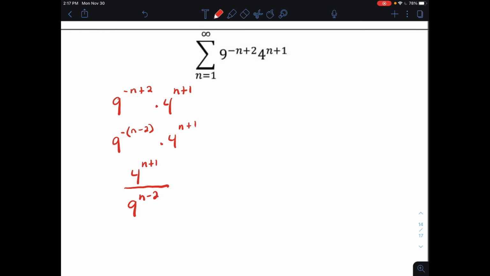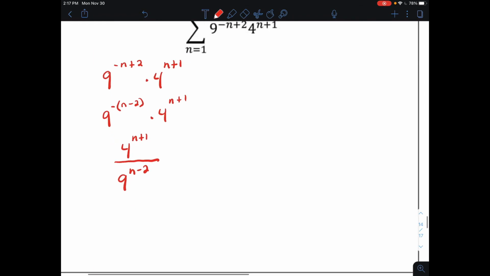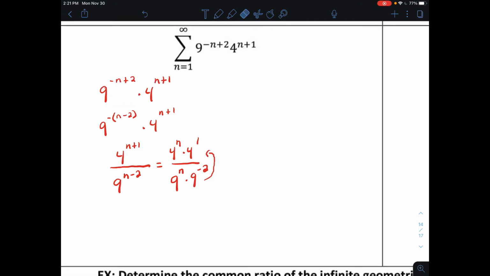And then we could say, all right, what do we have here? We're going to continue to use some properties of exponents. 4 to the n plus 1 power is the same thing as 4 to the n times 4 to the 1. And then 9 to the n minus 2 power is the same thing as 9 to the n times 9 to the negative 2 power. So I can take that 9 to the negative 2 up top.